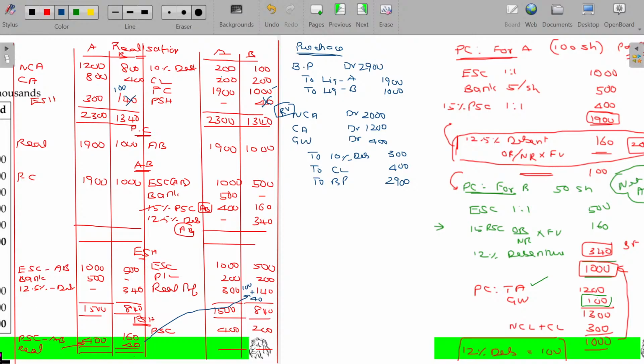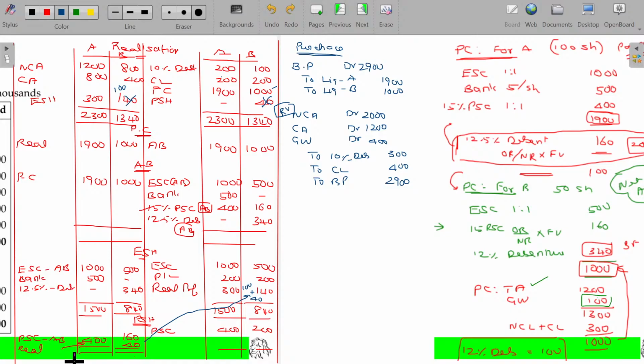Now, we have to pass the entry for settlement of these values. Not only that, this is also to be replaced. The A company's debenture holders and B company's debenture holders simply surrender their debentures, and the AB now issues their own debentures.